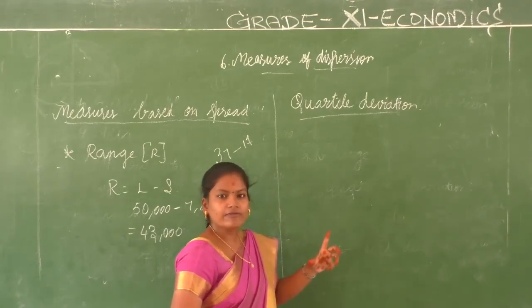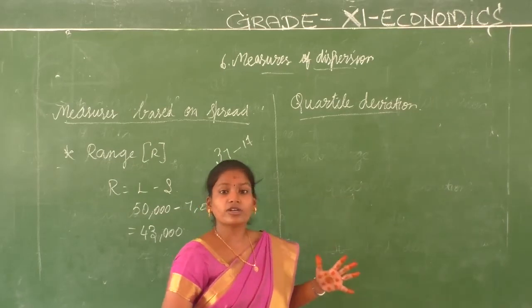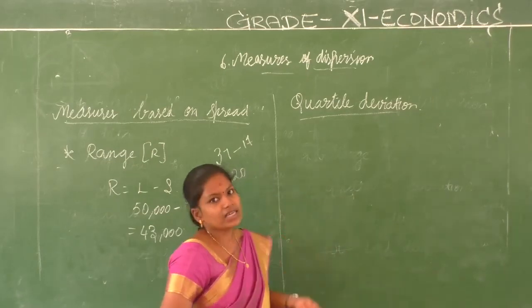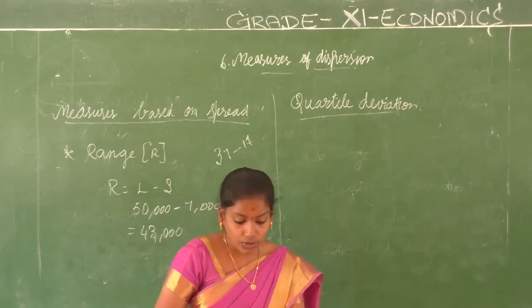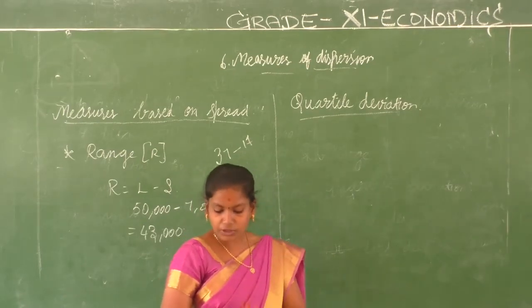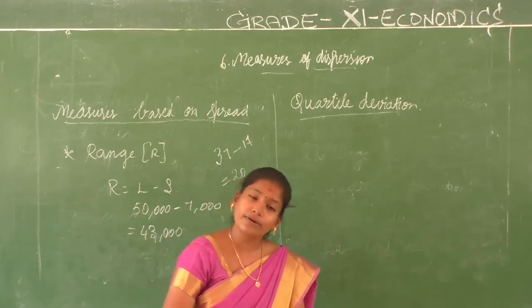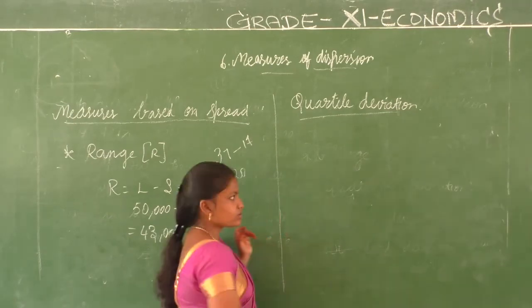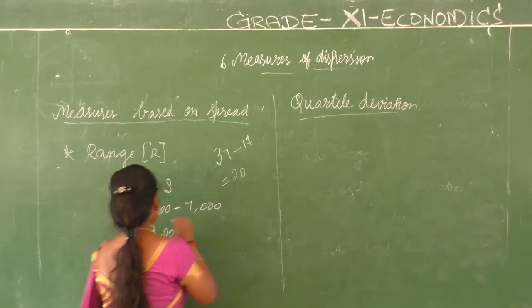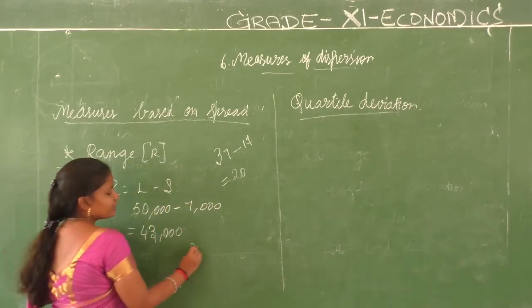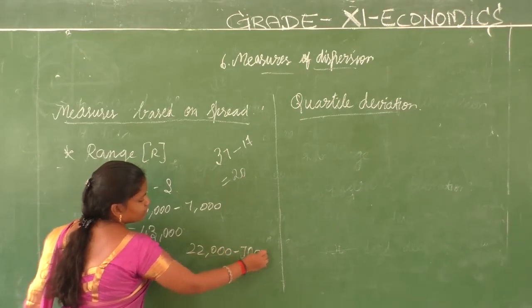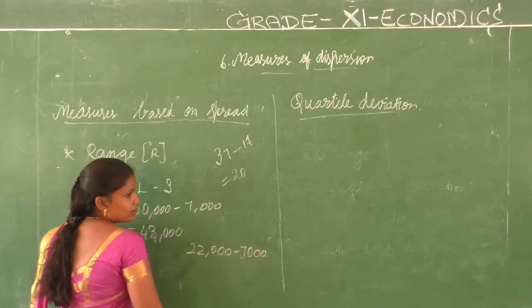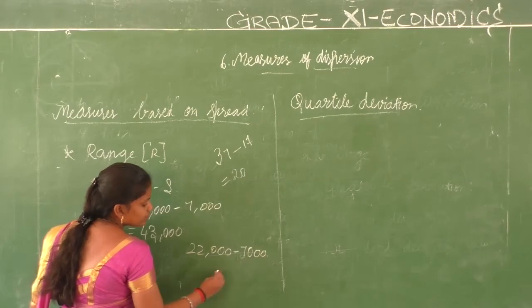On that one extreme value, the range became 43,000. But what would the range actually have been, excluding the 50, with the next largest value being 22? After 22,000 directly we had 52,000. So when you deduct, instead of 50, if you have 22,000 minus 7,000, what value do you get?